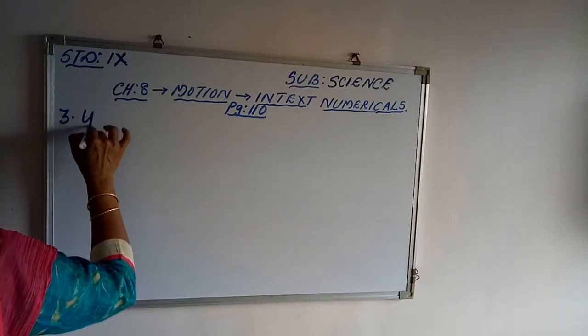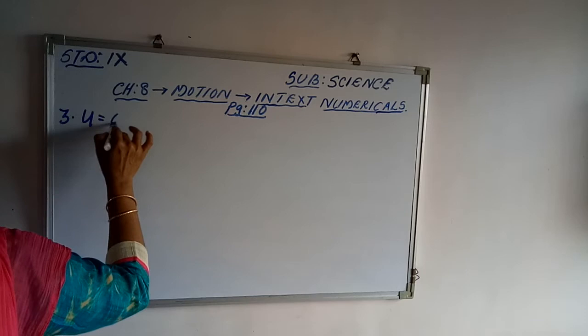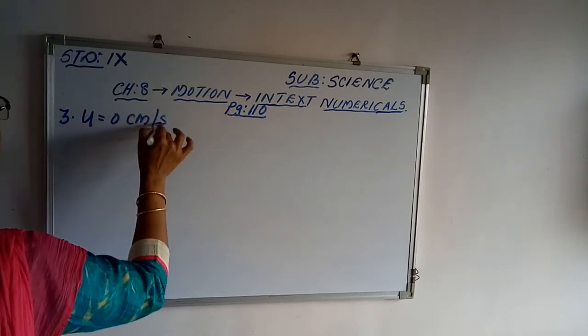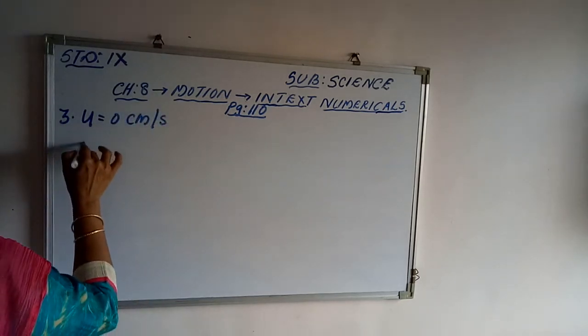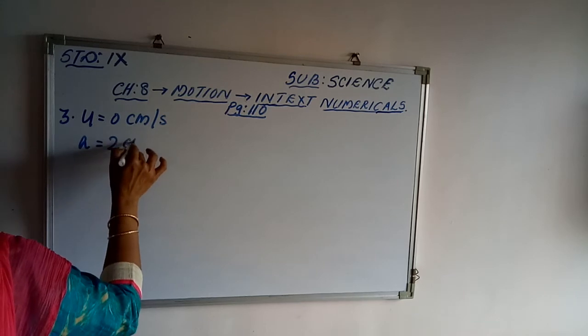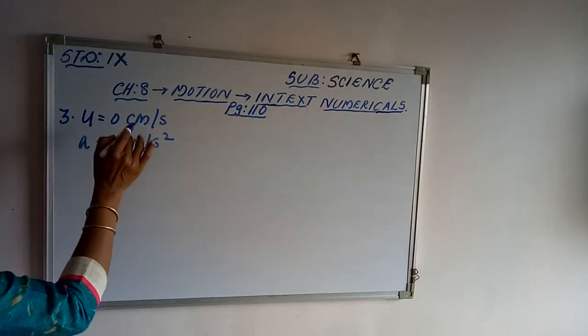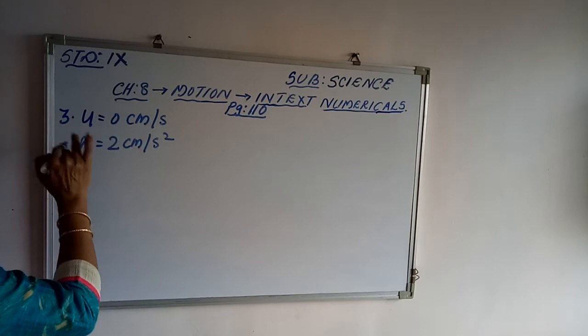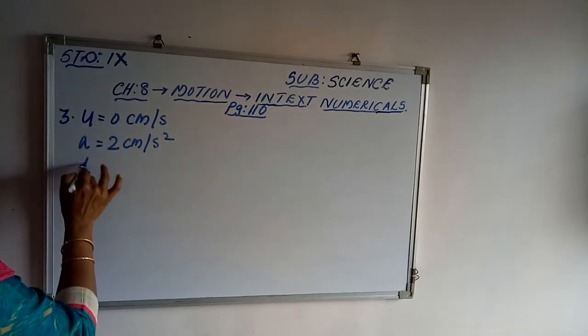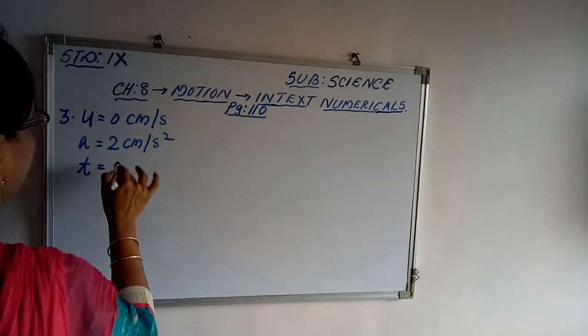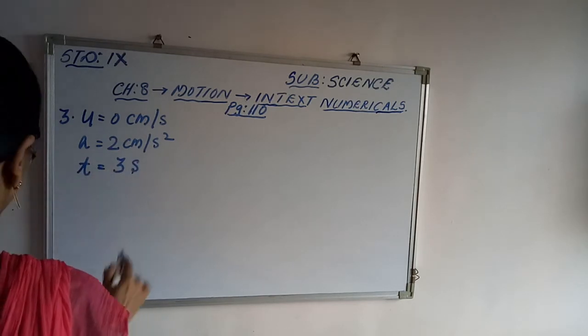So initial velocity u is equal to 0 cm per second. And what is the acceleration? 2 cm per second square. And what about the time taken? You have to write it in the statement. Initial velocity u, acceleration a, then time taken t is equal to 3 seconds.